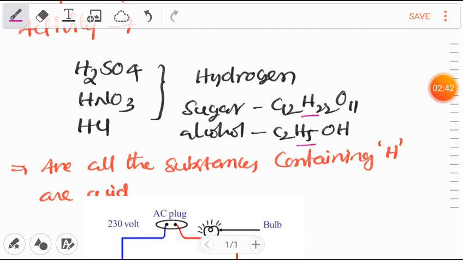But acids release H plus ions. The substance which releases H plus ions is an acid, but sugar contains hydrogen and doesn't release H plus ions. That's why sugar is not an acid, and alcohol is also not an acid.